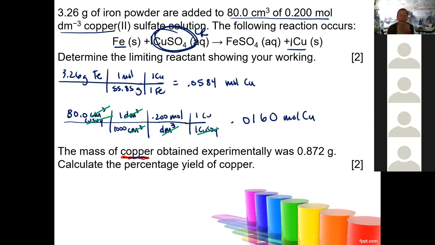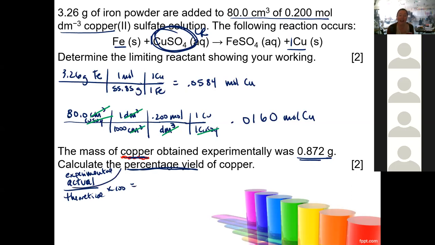Good. So now the mass of copper obtained experimentally was this, and we want the percent yield. What's our formula for percent yield? Actual over theoretical times 100.